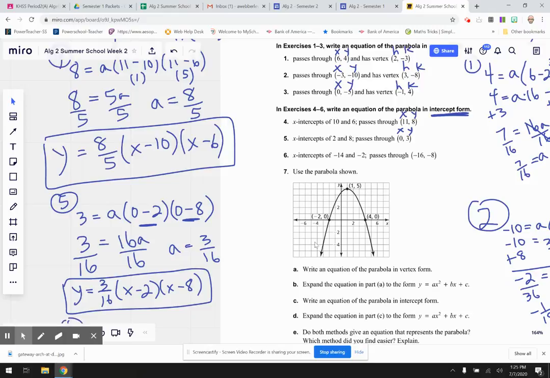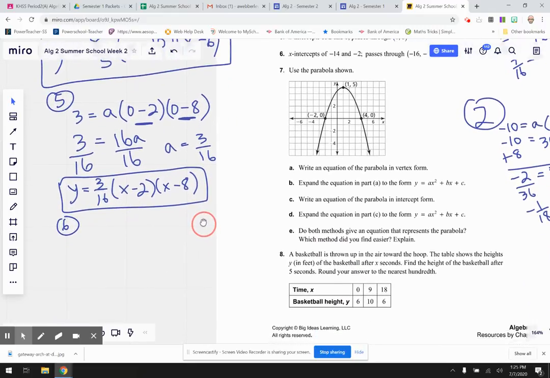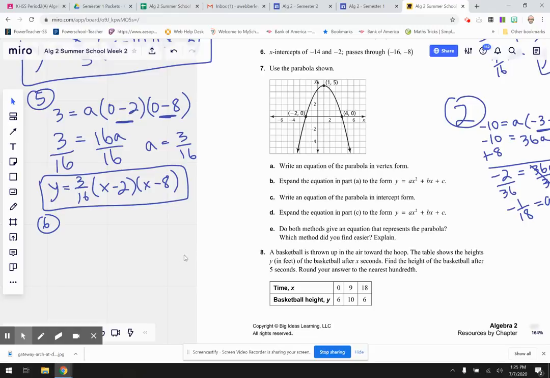Number 6. Okay, hopefully you've got number 4 done because I'm going to move it up. Go to number 6 here so you can see it. Okay, x and y. X is negative 16, y is negative 8. And then we have our two intercepts. Okay, so y equals, which is negative 8 equals a, we don't know, but we do know our two intercepts.